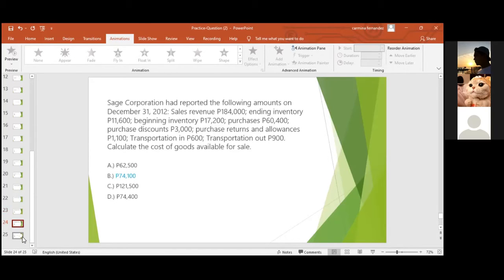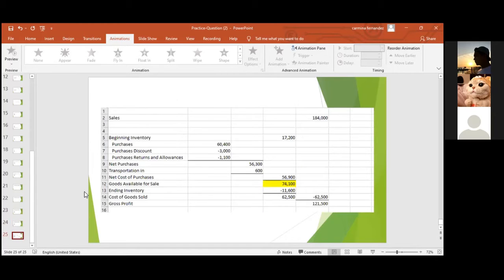Bakit? Dyan natin makikita kung paano siya kinumpute. I-apply lang natin yung formula kanina. So, yung sales 184,000, doon lang muna tayo sa cost of goods sold. So, beginning inventory is 7,200. Tapos, purchases, ililess muna natin yung purchase discount, and returns and allowances.